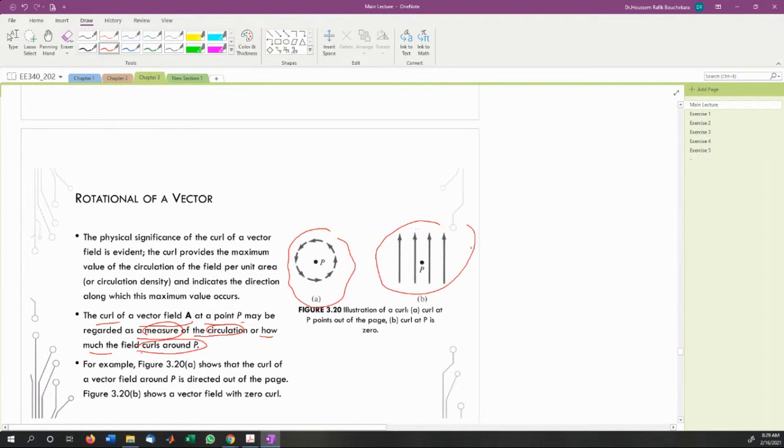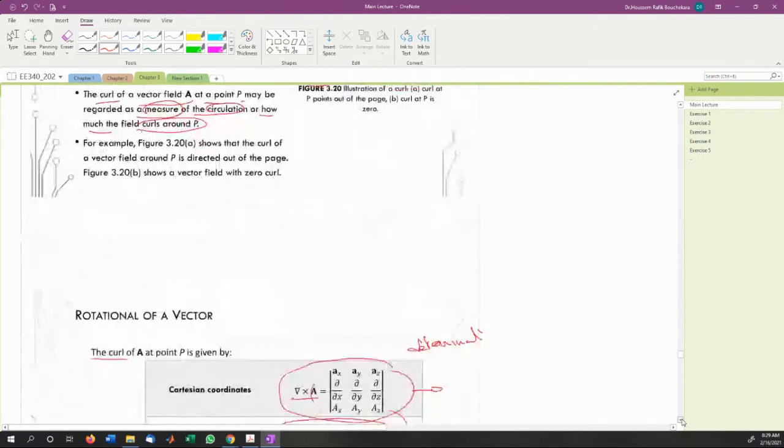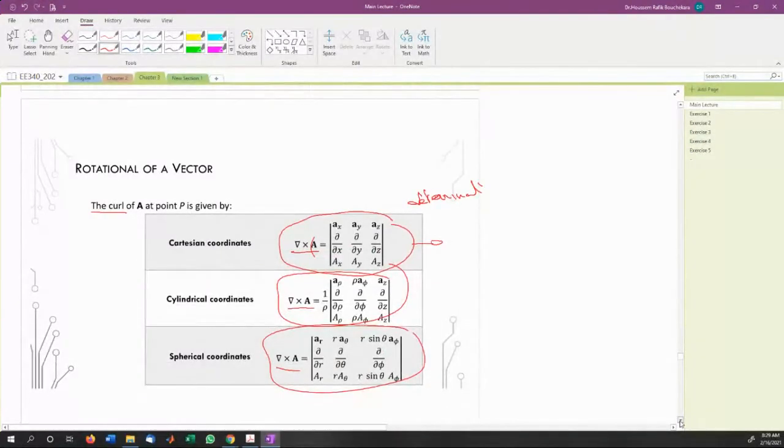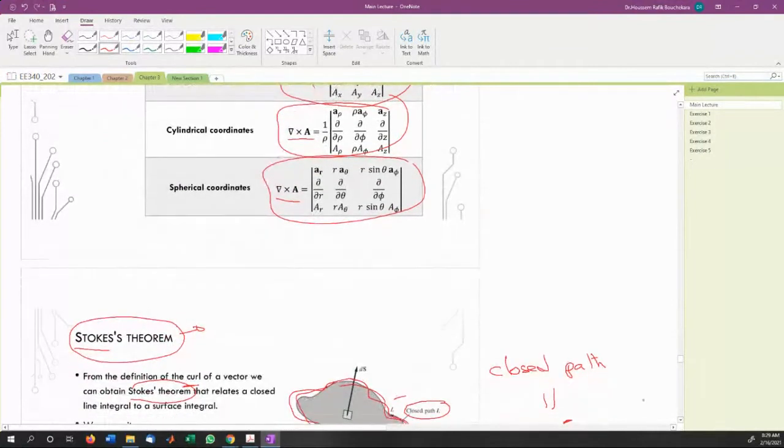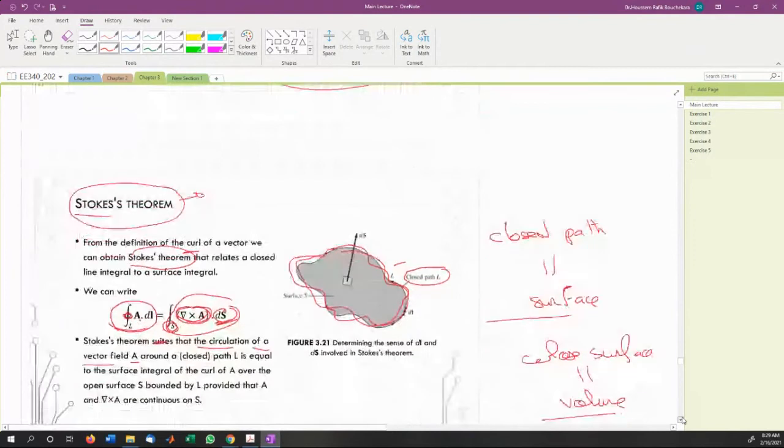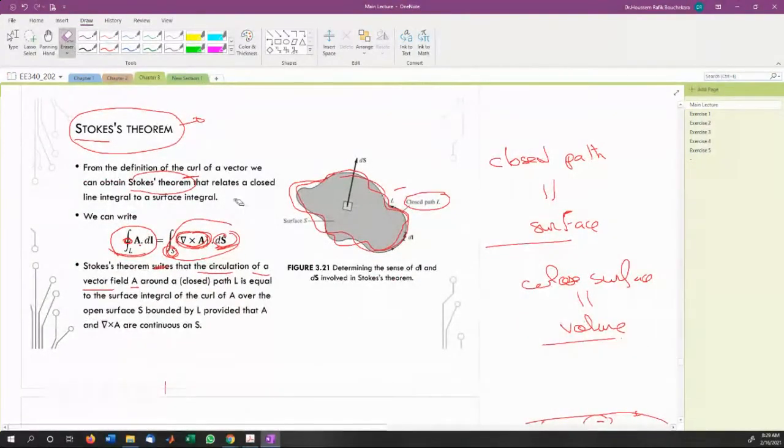Okay. So here the curl is equal to 0. And then we have seen اللي هو these are the expressions how to determine the curl. And then we have seen the Stokes theorem يا شباب. مهم جدا Stokes theorem.